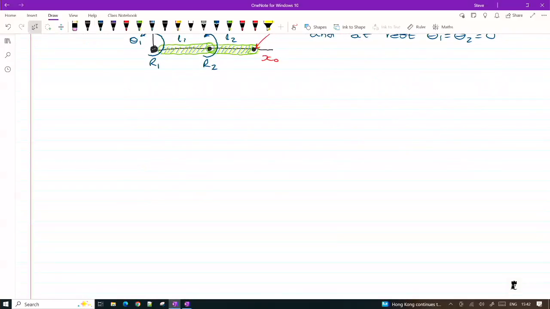What we want to do now is position our point P somewhere in space. So we want to pose our robot to allow it to have the position of the end effector somewhere in space.